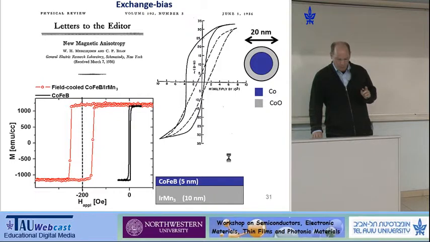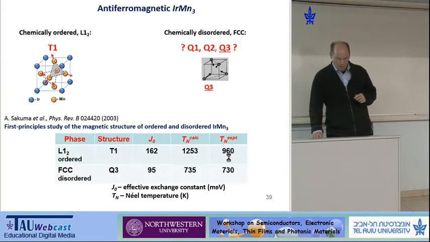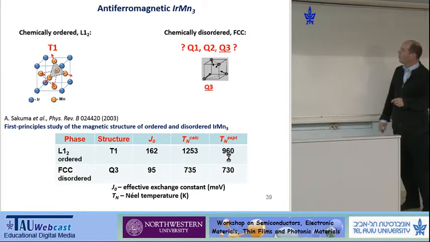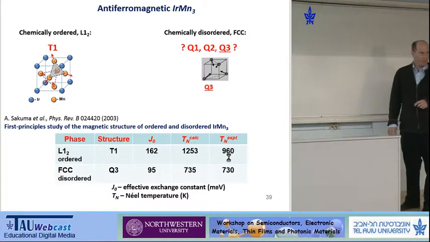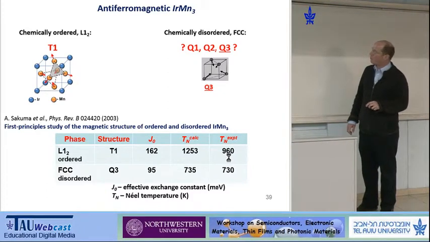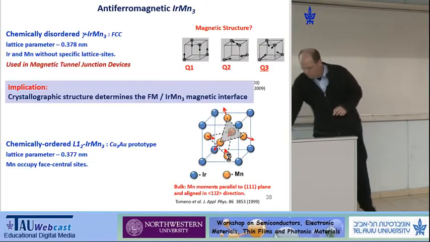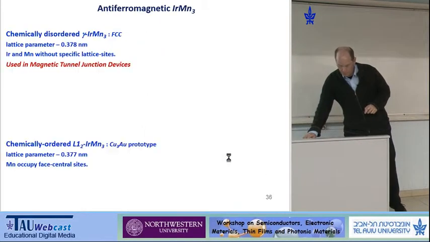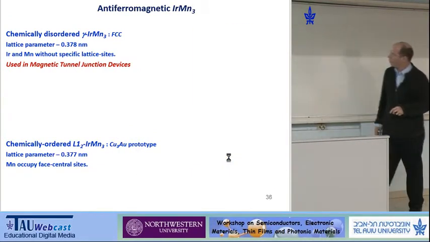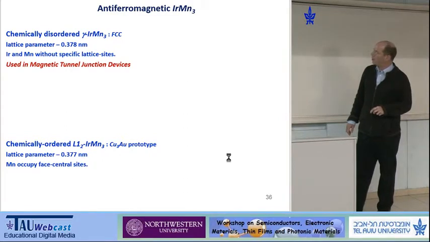And what I found very surprising when I looked into this material was that actually no one knew its magnetic structure. It has 2 types of crystallographic structure: chemically ordered, the L12, the copper-3 gold prototype, and the magnetic structure is known, but this isn't the type of material used in devices.